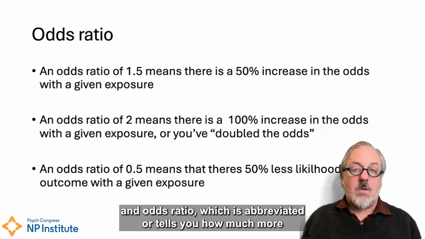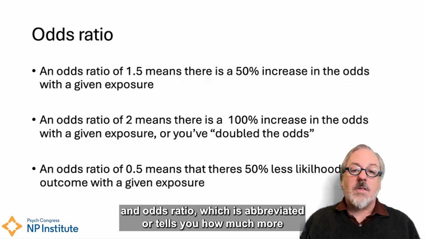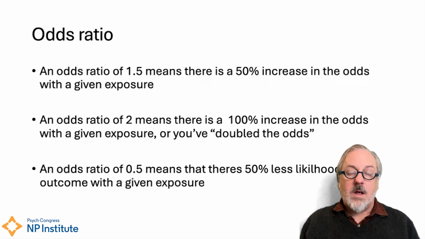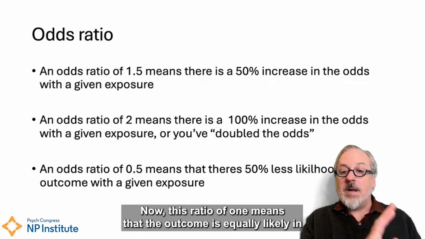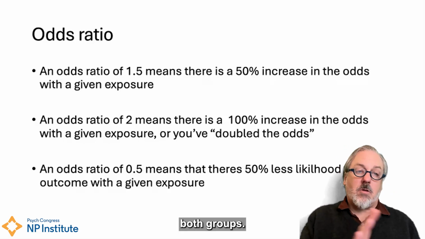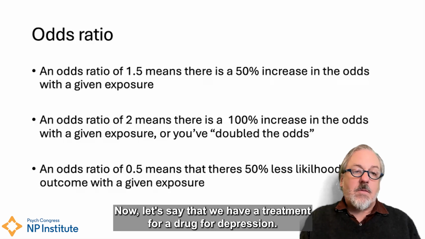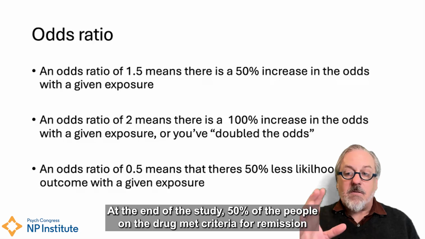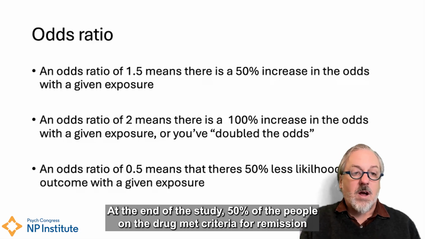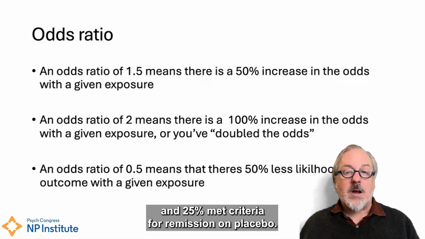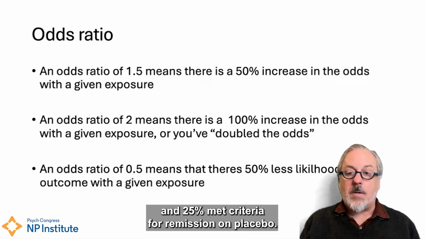An odds ratio, which is abbreviated OR, tells you how much more the likelihood of an outcome is in one group over another. An odds ratio of 1 means that the outcome is equally likely in both groups. It means there's no difference between the two groups. Now, let's say that we have a drug for depression. At the end of the study, 50% of the people on the drug met criteria for remission, and 25% met criteria for remission on placebo.